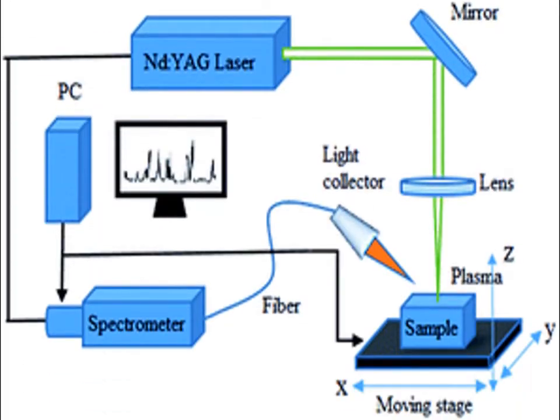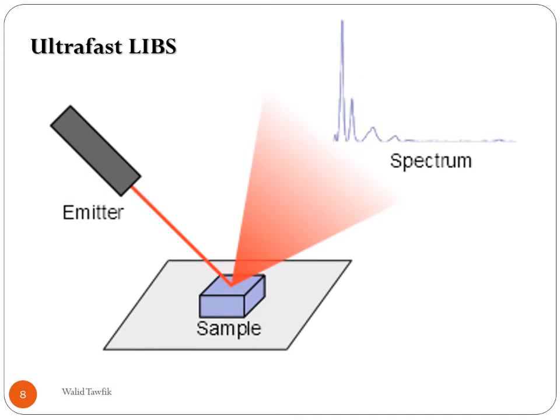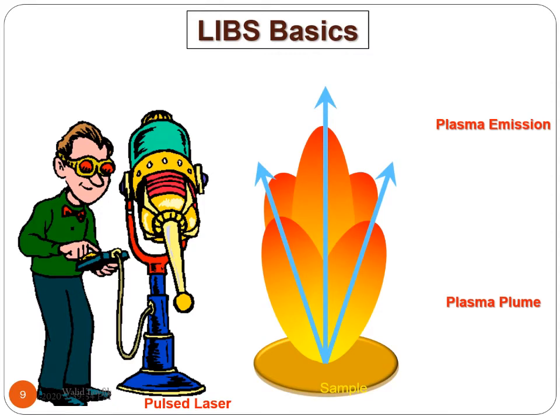This is the setup used for generating plasma of the sample, and the emission of this plasma gives us a spectrum of the sample using a suitable spectrometer and CCD camera. The interaction of ultrafast LIBS with the sample can be demonstrated as shown after the emission of the plasma plume.